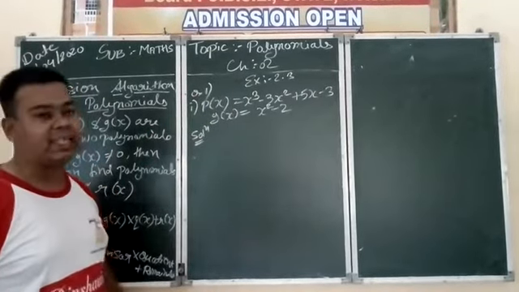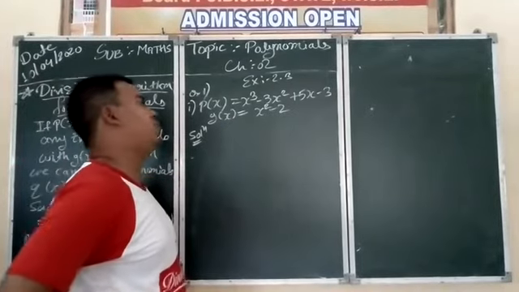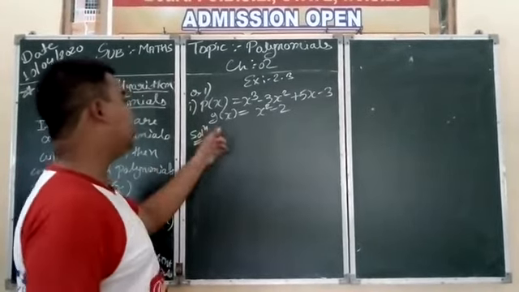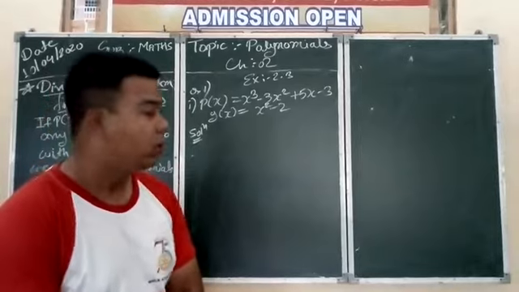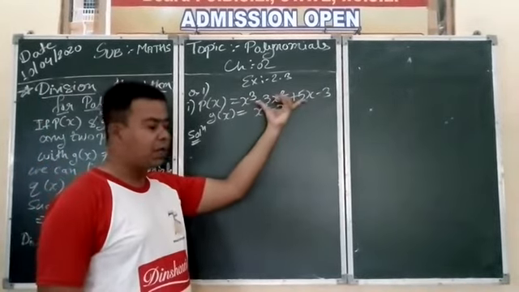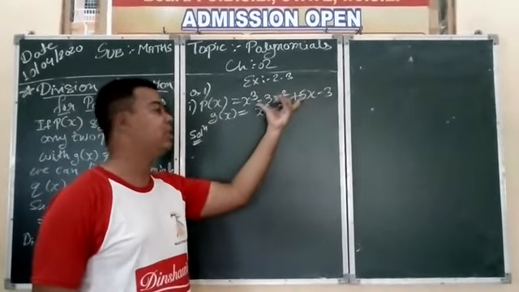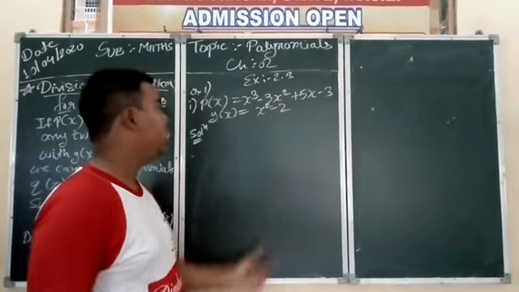The polynomial p of x is given as x cube minus 3x square plus 5x minus 3, and g of x is given as x square minus 2. Here we divide this polynomial by that polynomial.